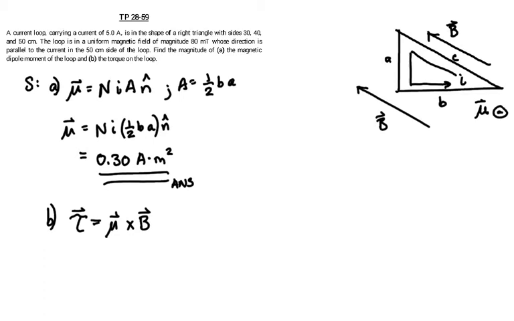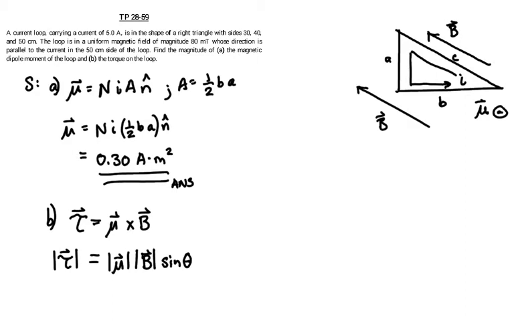So which one is it for the cross product? Is it cosine of the angle between our vectors or the sine of the angle between our vectors? Well, the answer is, according to our PRC on the back, bottom left-hand corner, the sine of the angle between our vectors. And that results in the magnitude of the torque being equal to the magnitude of our magnetic dipole moment times the magnitude of our magnetic field times the sine of the angle between our vectors.